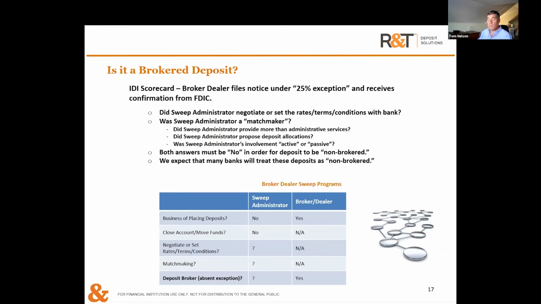You have to look then at the sweep administrator. Are we setting rates? We view the future of this world as one where the broker-dealer is going to be establishing rates and terms directly with banks and not with people such as RNT, because banks are going to want to get these as core deposits.